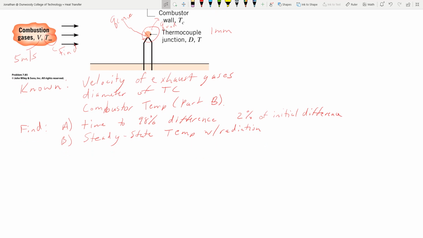So some assumptions. One, lumped capacitance method is valid. So we're just going to treat that as one fixed temperature. Two, we're going to assume constant properties.